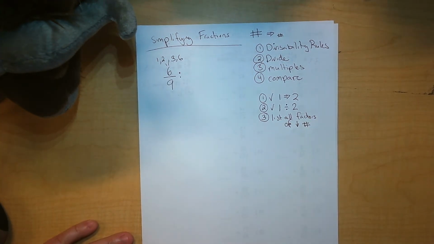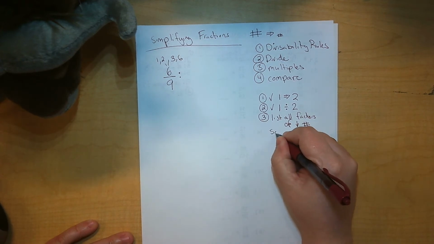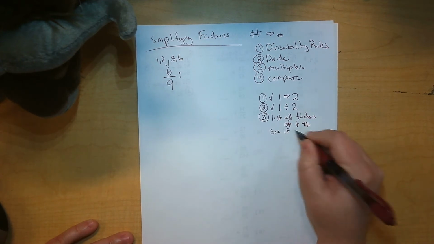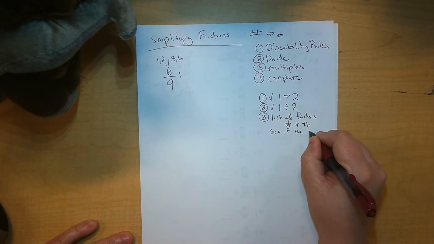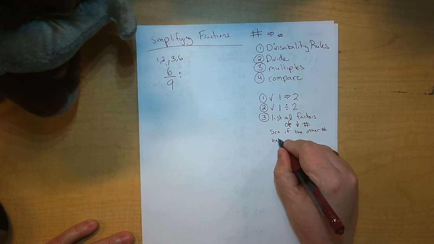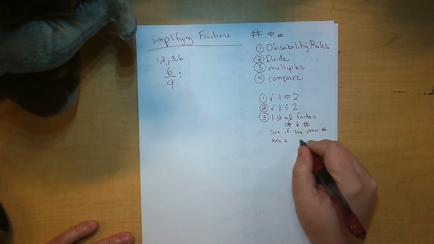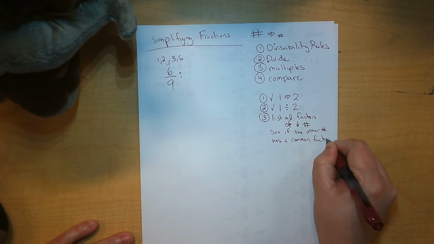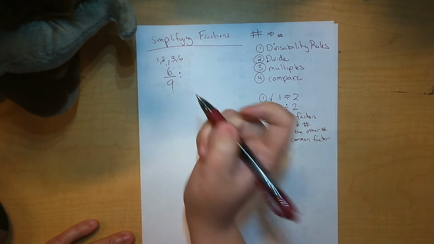After we've listed all of our factors, we're going to see if the other number has a common factor. So let's take a look.